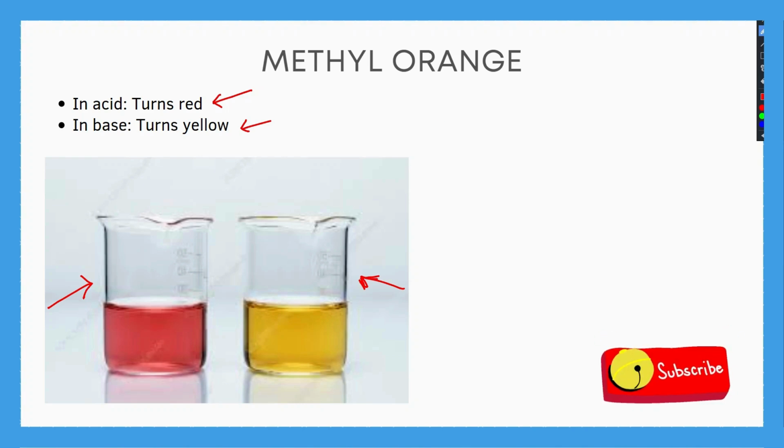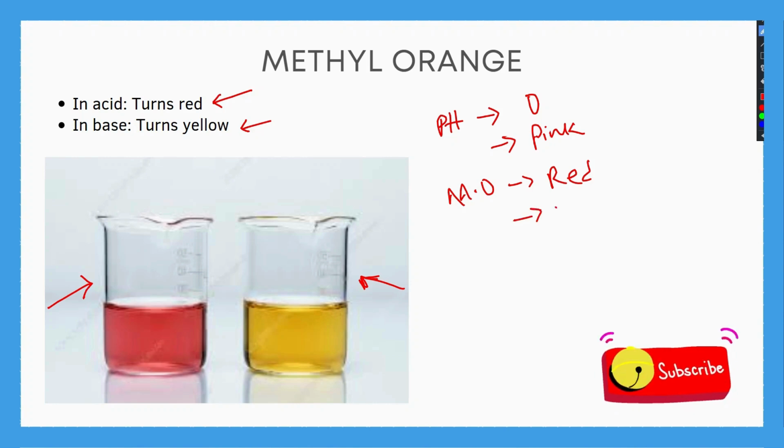Remember, for phenolphthalein, let me name it pH, when it is placed in an acid, there is zero color change, and when it is placed in a base, it gives the color pink. But for methyl orange, MO, when it is placed in an acid, it gives the color red, and when it is placed in a base, it gives the color yellow.